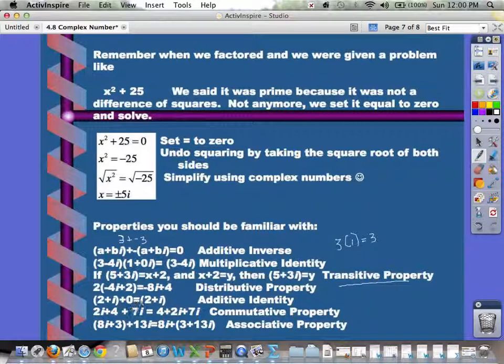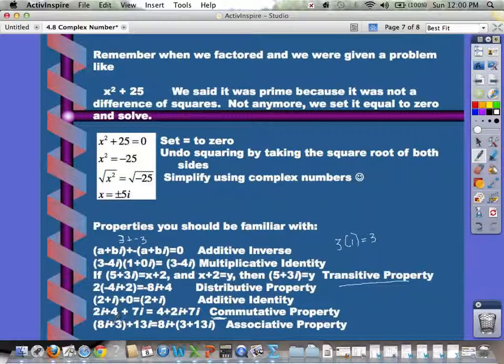2i plus 4 plus 7i equals 4 plus 2i plus 7i. Notice the order changed. It's always commutative, no matter which way we're using, properties of real numbers or properties of non-real numbers. And then the last one, 8i plus 3 in parentheses plus 13i is equal to 8i plus, and then parentheses 3 plus 13i.